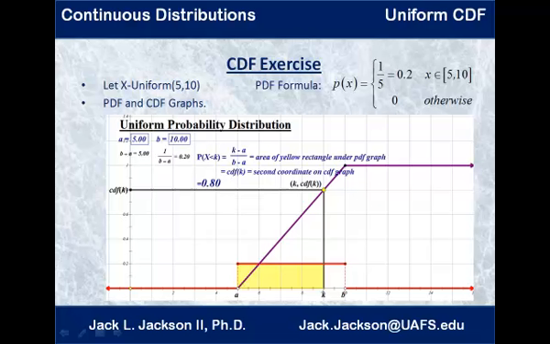But that's also the height of the CDF curve. So Y values on the CDF are actually probabilities. Y values on the PDF are not probabilities. Areas under the PDF are probabilities. So the yellow area is a probability. That's how you see it on the CDF curve.